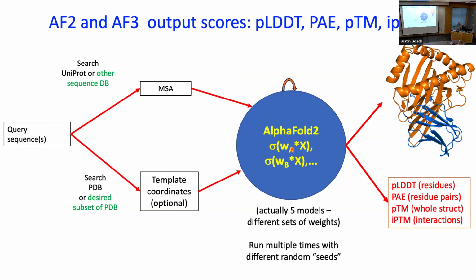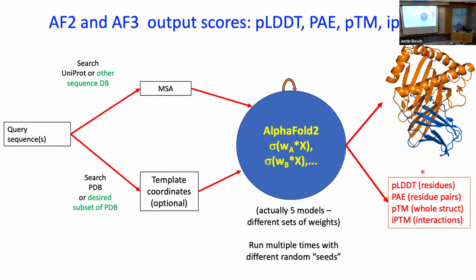Remember, there are weights. You get output. There are 5 different sets of weights for AlphaFold 2. We talked about that. You can run multiple times with multiple different random seeds, so start the whole process over with different seeds. There is a random number that is used to begin these calculations. So we typically run it 10 times and we get 50 models, not just once and 5 models.